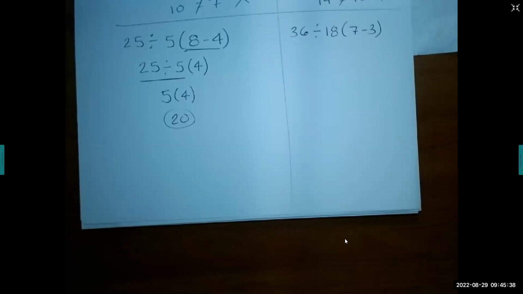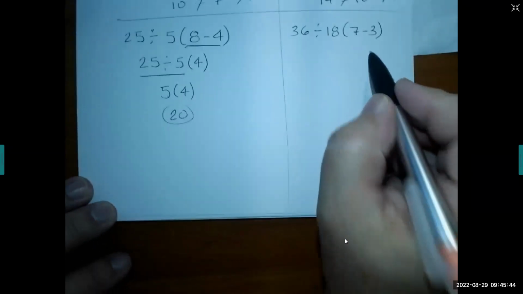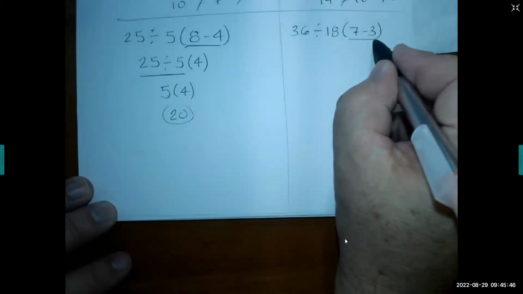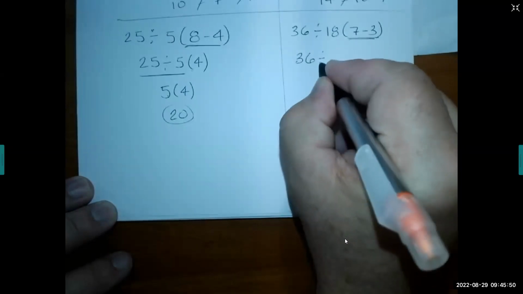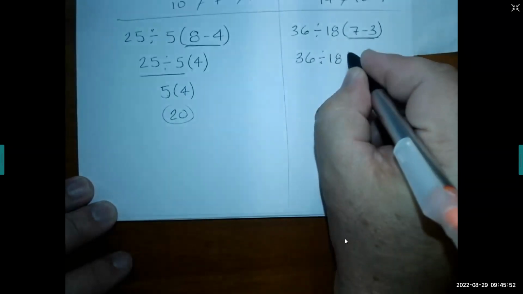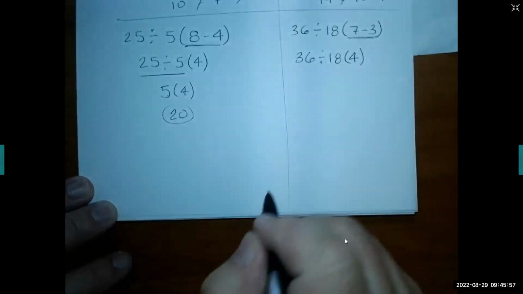Reading left to right, any special operations? Left to right, any multiplication or division? Same with this one. Reading left to right, we see a parenthesis. We have to do that first. Seven minus 3 is 4.